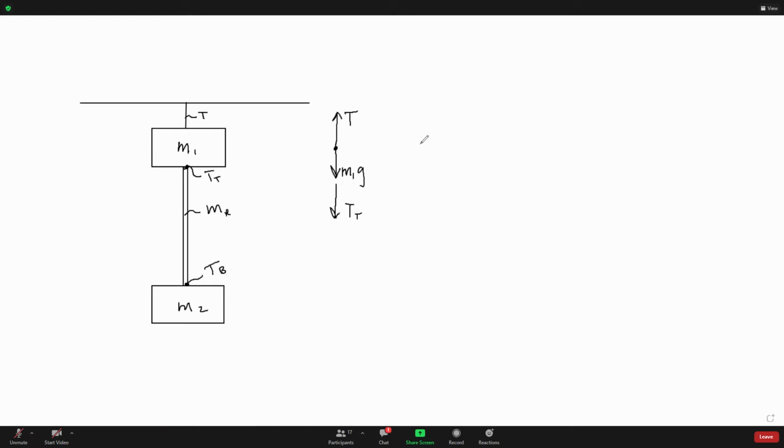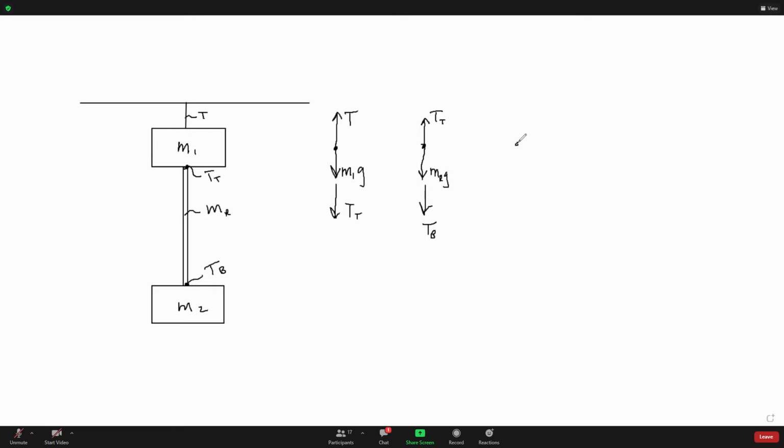Now we're also going to do a free body diagram for the rope itself because the rope is heavy. So what I have is the mass of the rope times G. I also have T at the bottom pulling down, and I have T at the top pulling up.